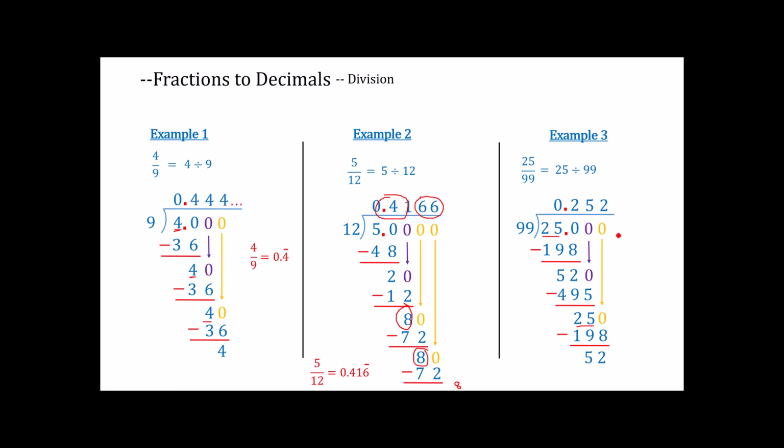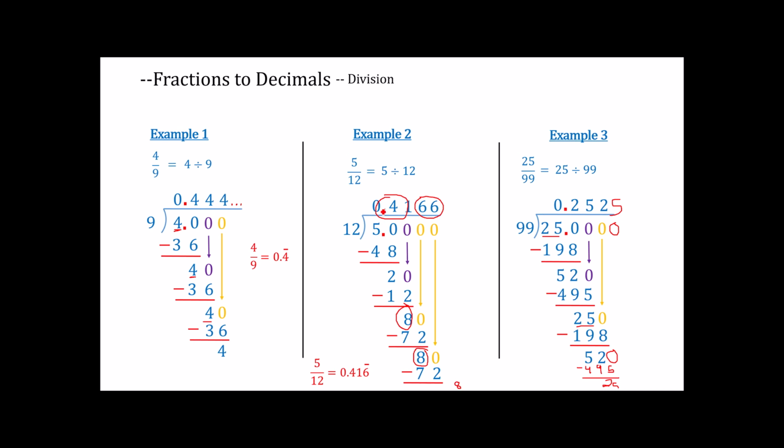I'll bet if I were to do another 0 and bring it down, I'm still at 520. 99 goes into 520 5 more times, and I'm going to end up with minus 495. Wow, that's really bad. Leaving me with 25 again. Notice this time it's not just one number repeating.